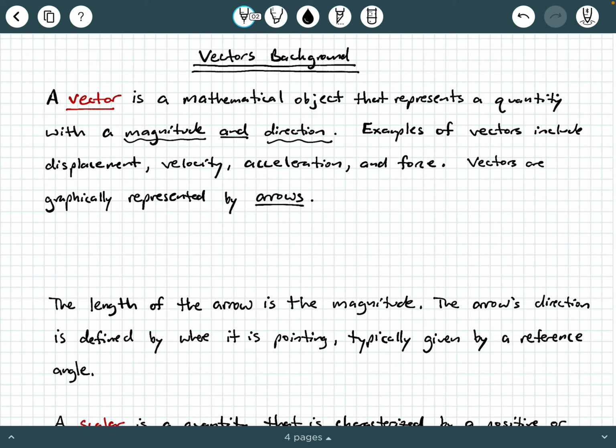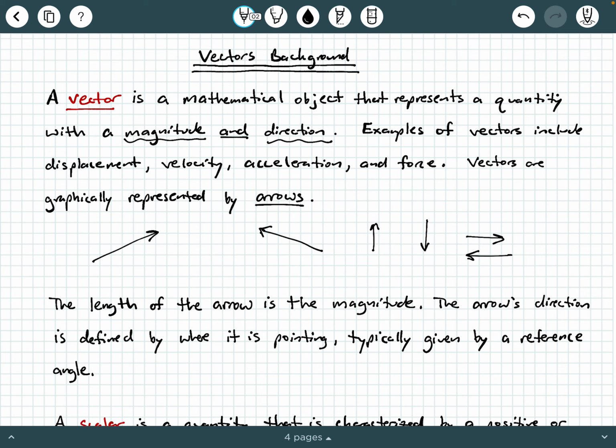So, vectors are graphically represented by arrows, so that means we're going to look at things like this. Maybe it's pointing in a different direction like this. Let me draw a slightly better one for you. They could be vertical. They could be horizontal. Basically just an arrow. They could be pointing in or out of the screen at you.